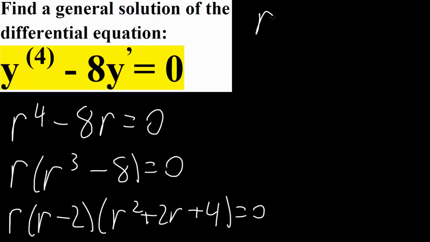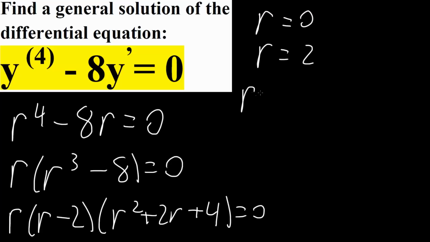And so right away we know if r is 0, that's gonna work. Also r is equal to 2, that would also work. And we can't factor this further, so we have to use the quadratic formula.